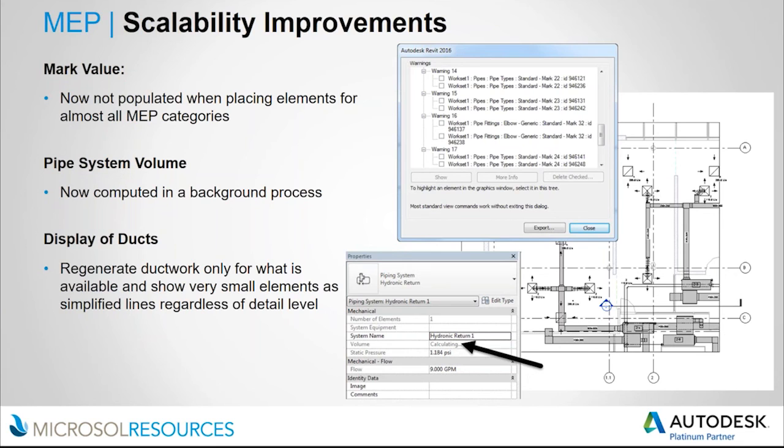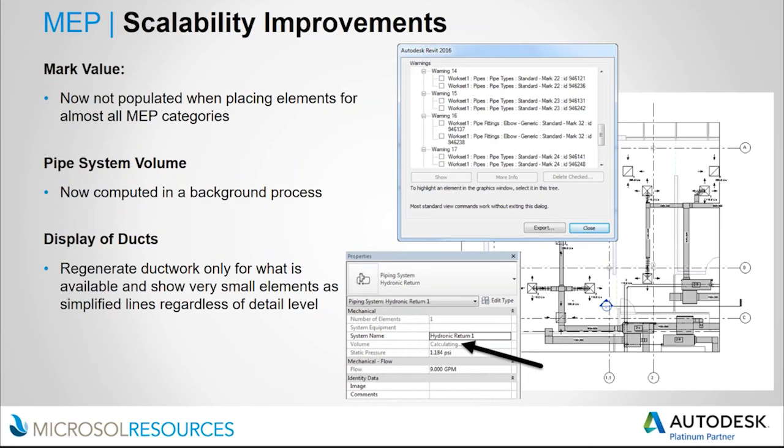What's nice about that is you're not going to get those warnings all the time that say you duplicate mark values, which is one of those things that you chase down all the time when you see 560 warnings in your Revit model, and 300 of them are due to duplicate mark values. So what's nice now is that because that's not populated automatically, you're not going to get those warnings anymore.